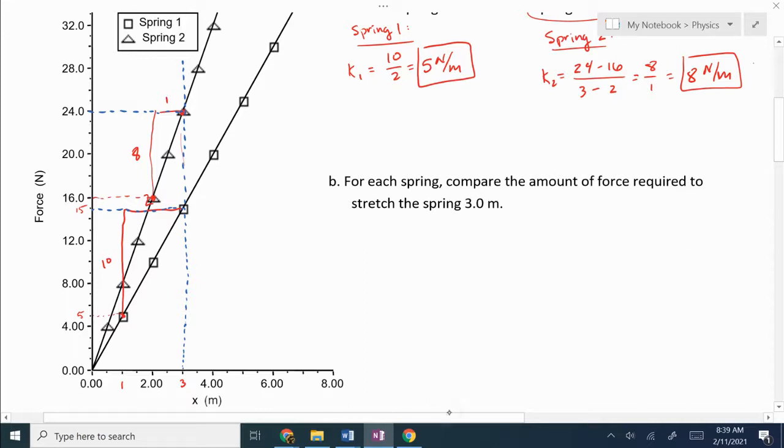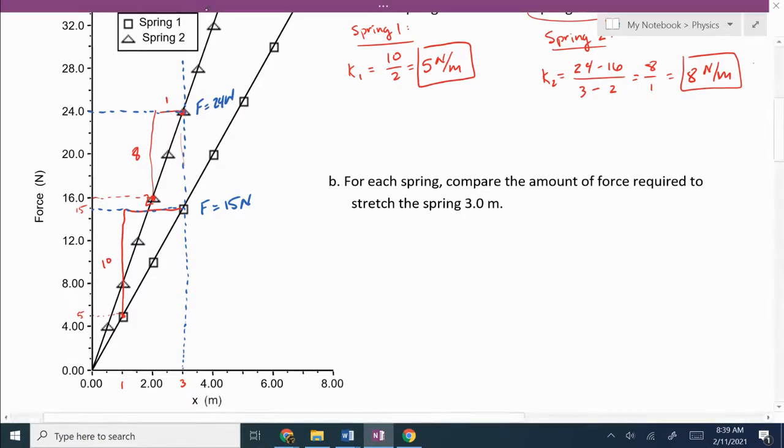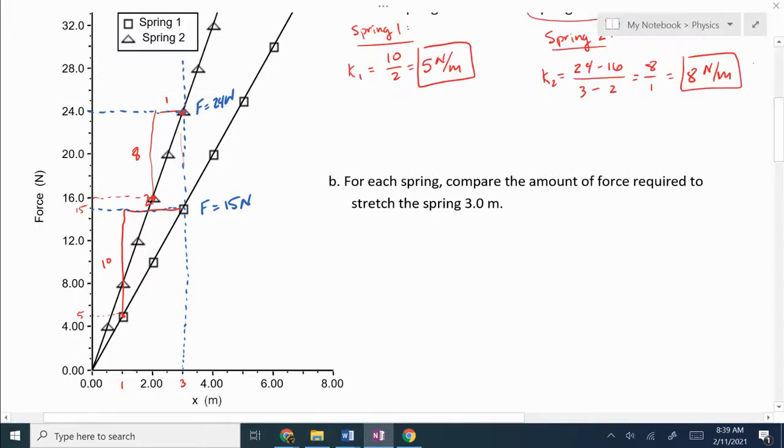So we can see that for spring 1, that's going to be 15 newtons. And for spring 2, that's going to be 24 newtons. We can double check that with the equation though.